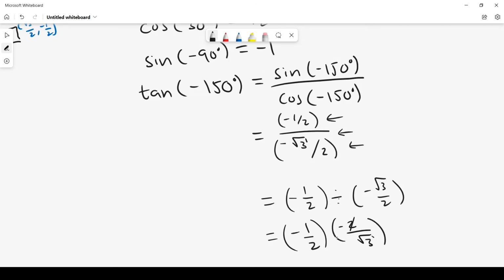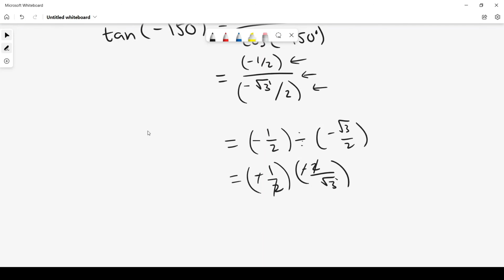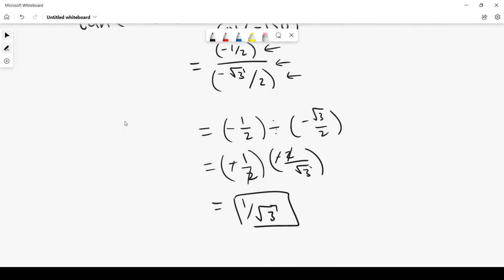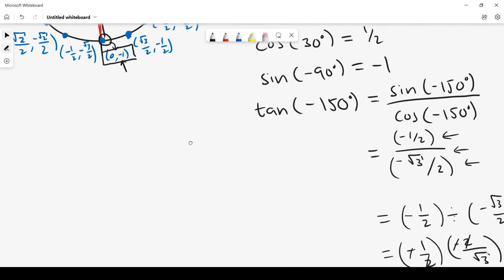And you can see these 2's cancel out as well as our negatives here. And this together is going to give us 1 over square root of 3. Tangent of negative 150 degrees is 1 over square root of 3.